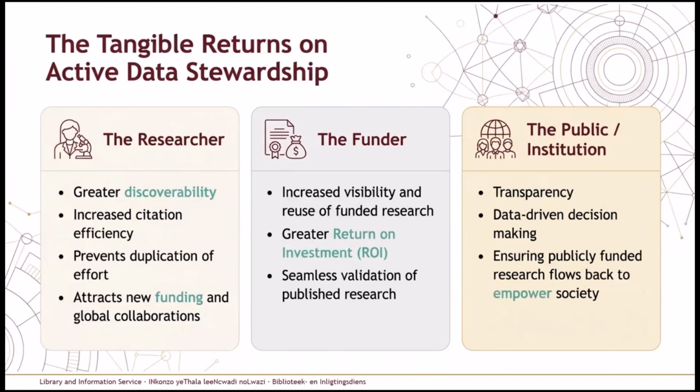And then for the public and the institution, transparency of the research process, data-driven decision-making, and ensuring publicly funded research flows back to empower society. And given that one of our core strategic objectives at the institution is research for impact, making our data available as far as possible can contribute to the betterment of society.